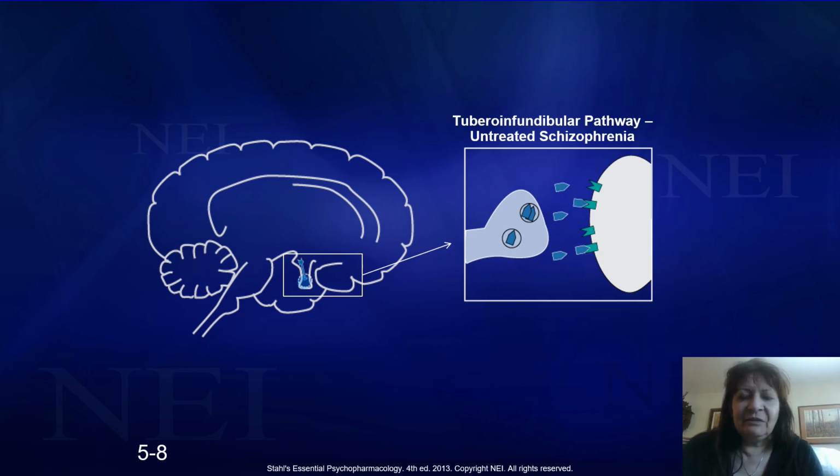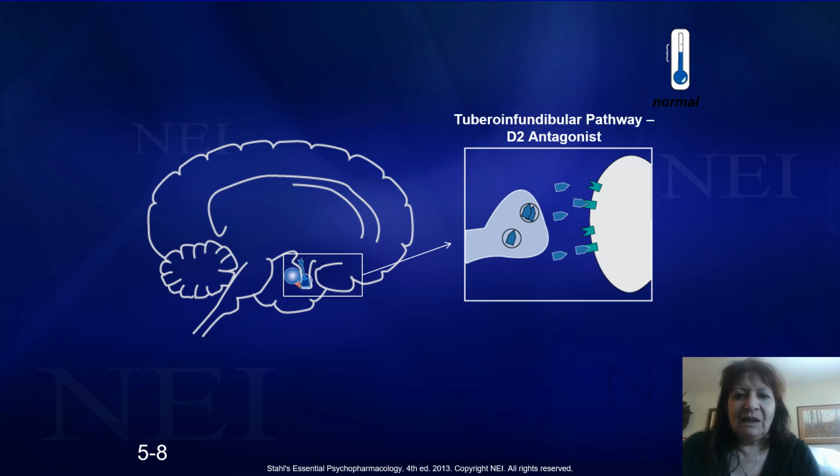But if an antipsychotic, a typical one, is used to treat schizophrenia, it prevents the dopamine from binding to the D2 receptors in this area. That results in an increase in prolactin, and that can result in galactorrhea and amenorrhea and gynecomastia.